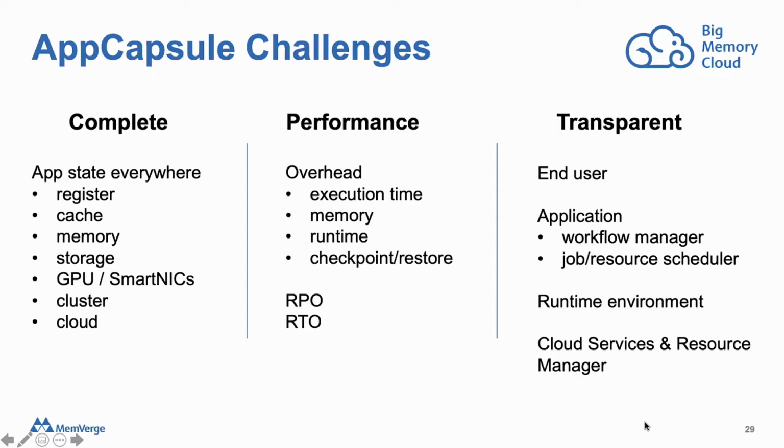The next up is performance. I would break the overhead into several dimensions. These overheads are in terms of execution time of your application, memory overhead during this process, and to some extent storage overhead as well, although nowadays storage is cheap, so it's not that much of an issue.